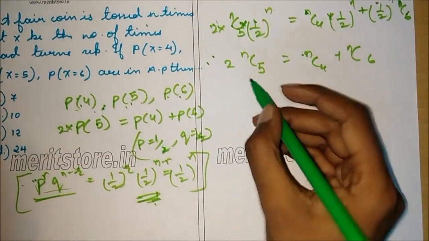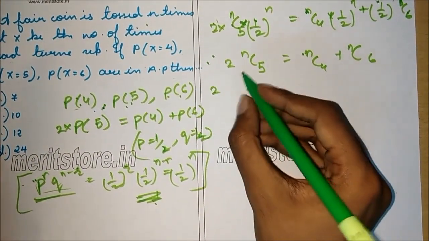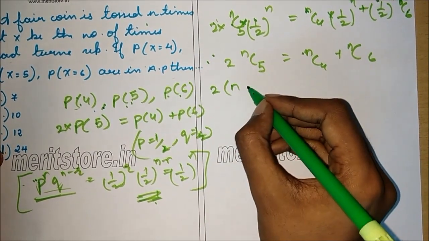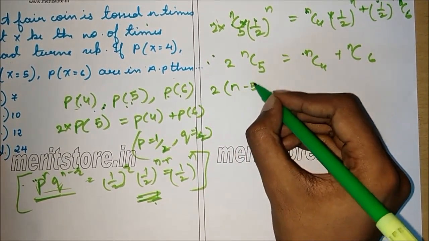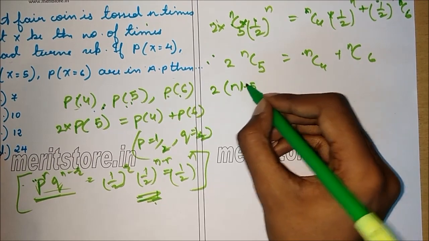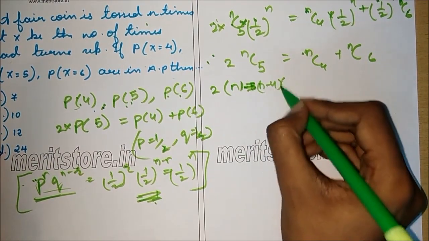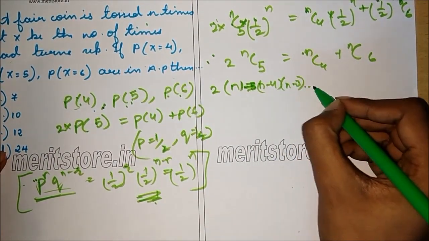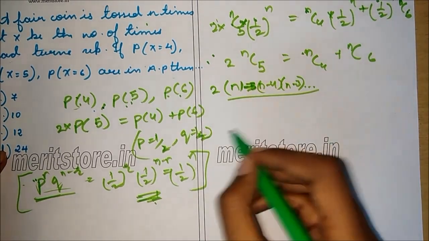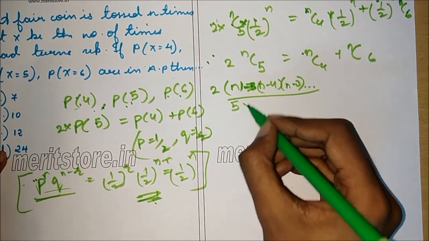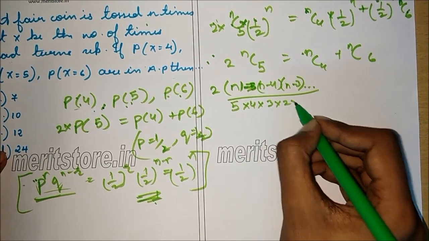So expanding the terms, nC5 is n into n minus 1, n minus 2, n minus 3, n minus 4, so on up to 5 terms, divided by 5 into 4 into 3 into 2 into 1.